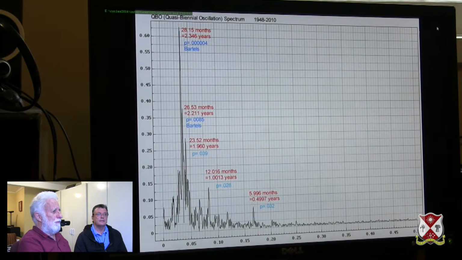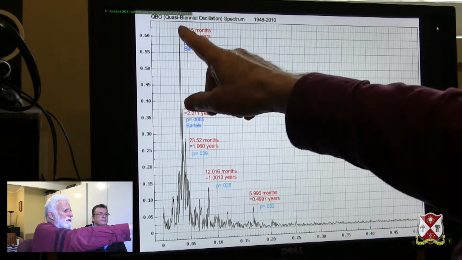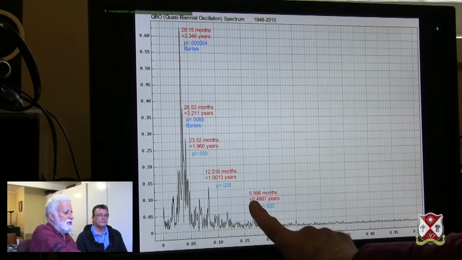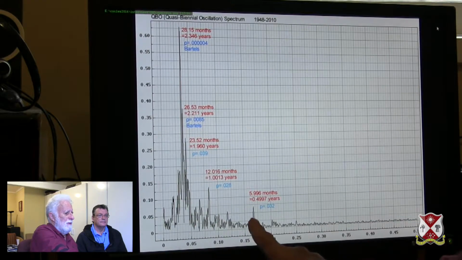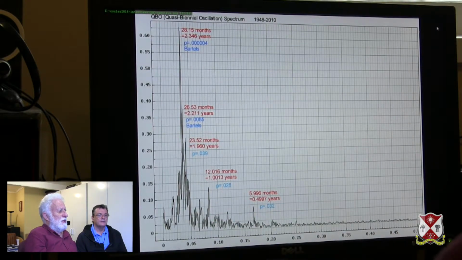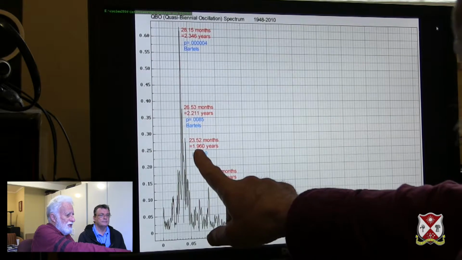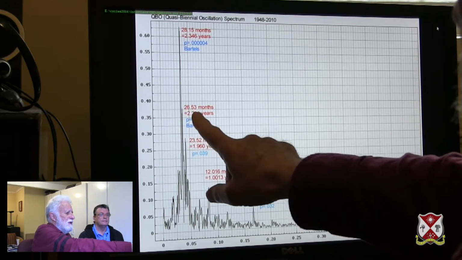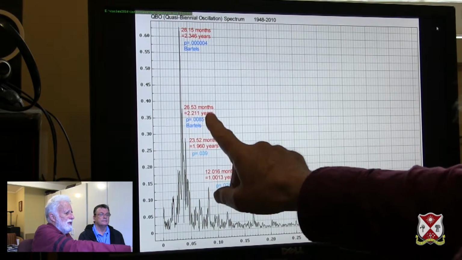In climate there often seem to be things around that period. This is the spectrum of the QBO, and we can see there's a clear 6-month cycle and a clear 12-month cycle. They're both significant, but not highly so. So there is a 1-year component in there as well as the near 2-year component, and there's a period just under 2 years. Dewey mentions 2.22 years, so this is pretty close to that, 2.211 years.